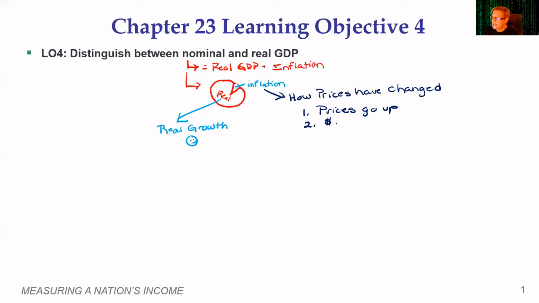So the worth of a dollar, if we have inflation, will decrease. So essentially, it takes you more dollars, physical dollars, maybe that's a good way to say it, to buy the same amount. This is where people will have a higher demand for currency, or dollars in this case.